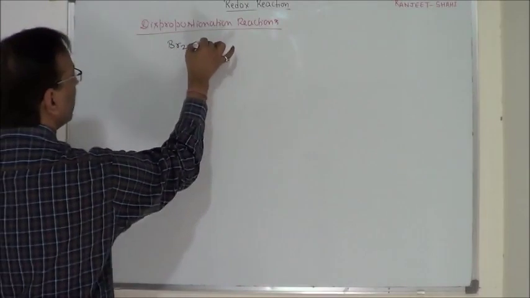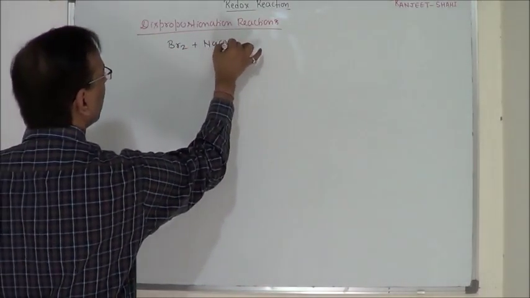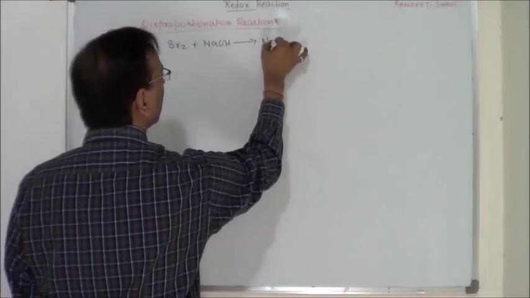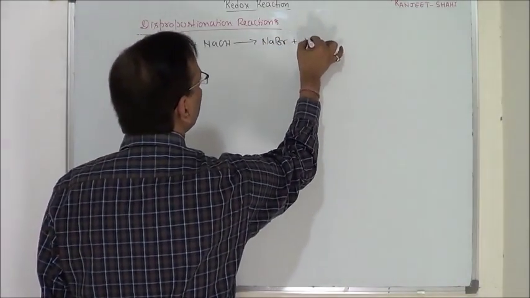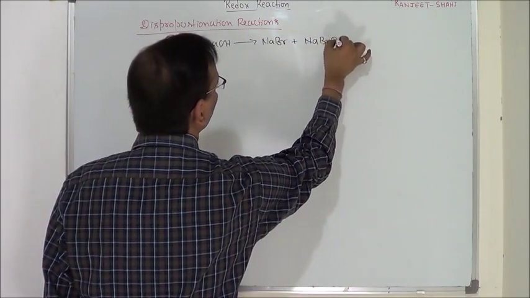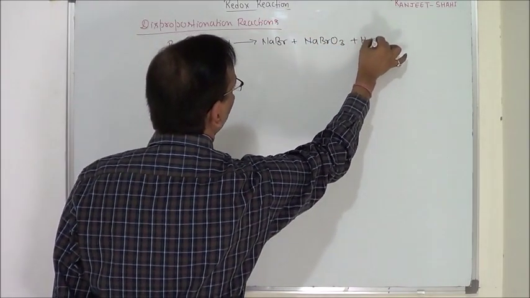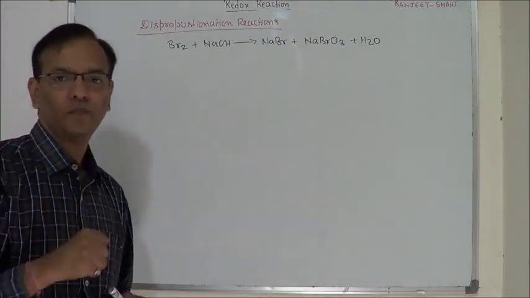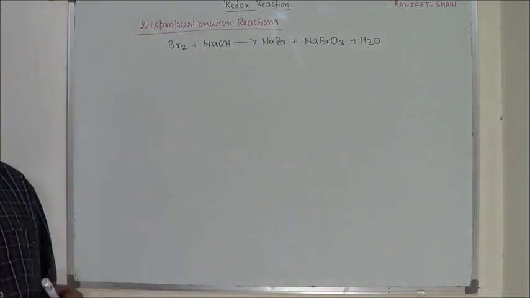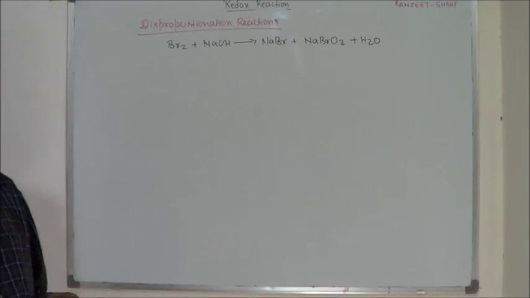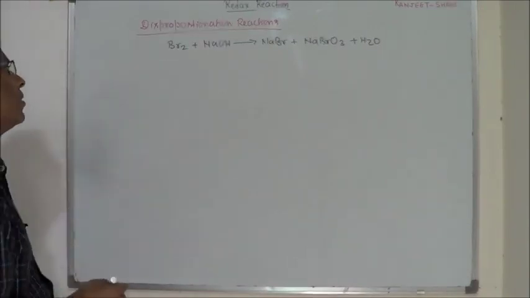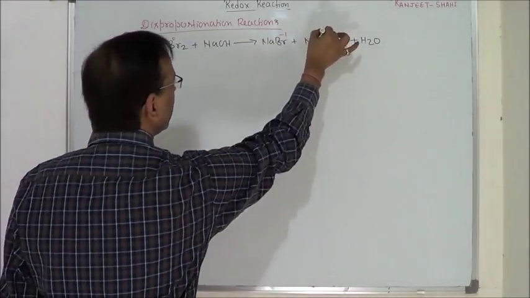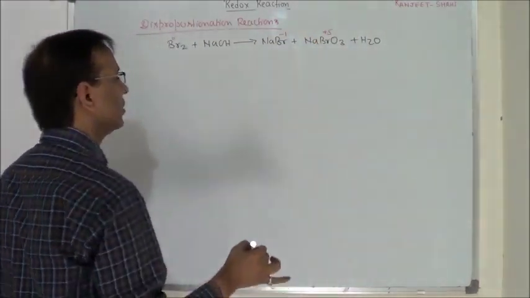Bromine reacting with NaOH to give NaBr and NaBrO3 and water. So in this reaction bromine is oxidized as well as reduced. Bromine is undergoing change in oxidation number from 0 to -1, reduction, and 0 to plus 5, oxidation.